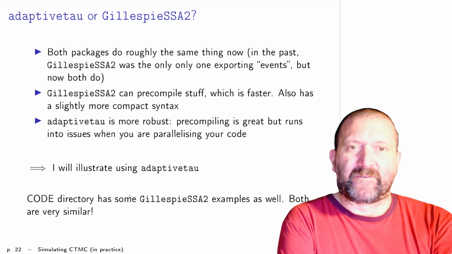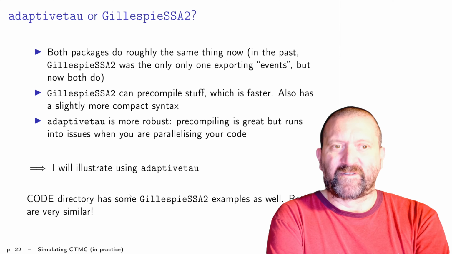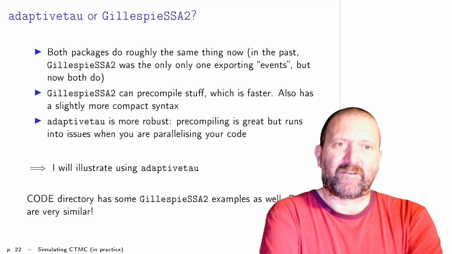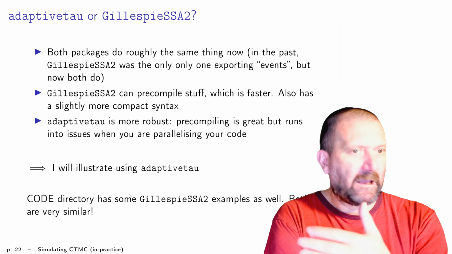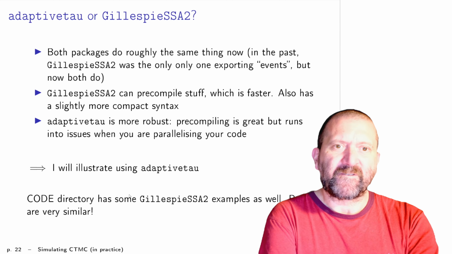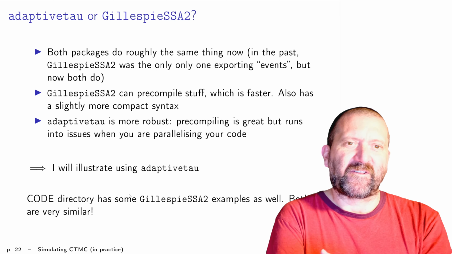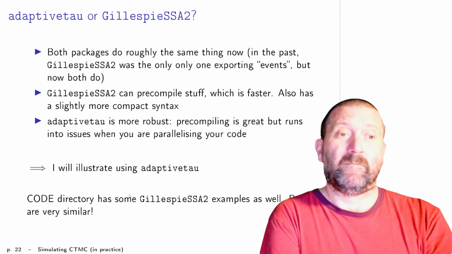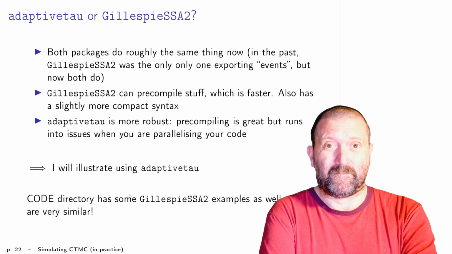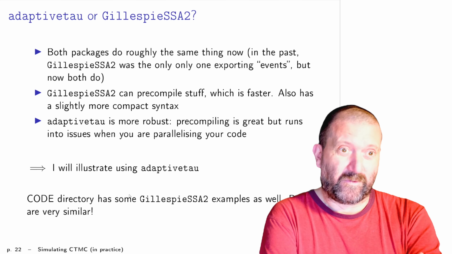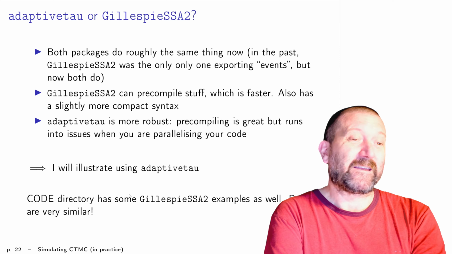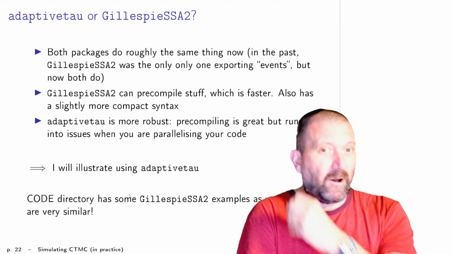It used to be that GillespieSSA2 was exporting events. I'll come back to that in a second. But actually now adaptivetau also does. GillespieSSA2, and for that matter, adaptivetau too, can pre-compile stuff.